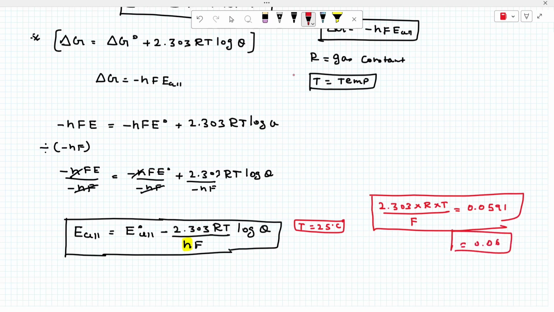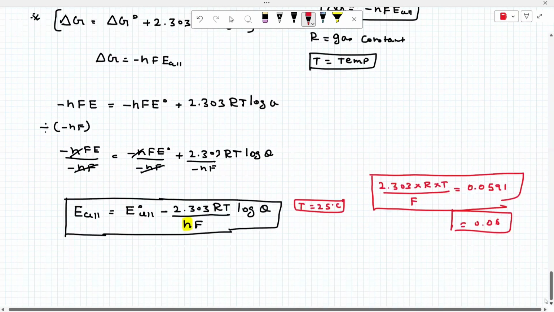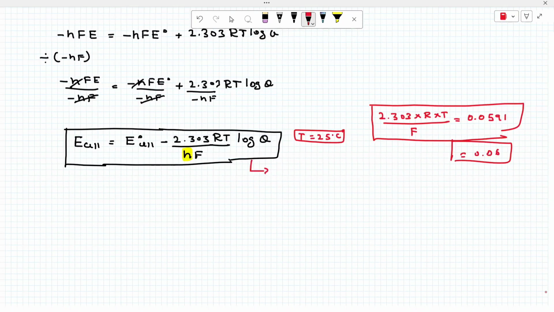Now what is the formula? This is the actual Nernst equation.